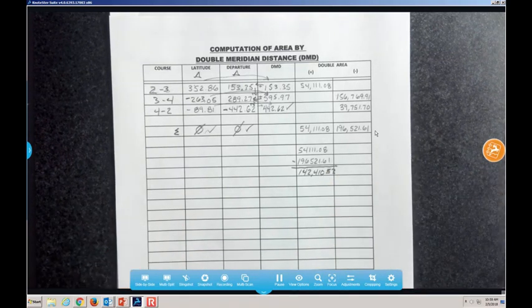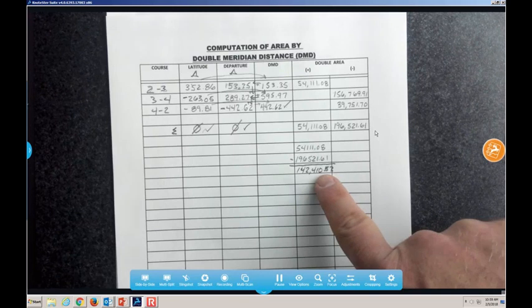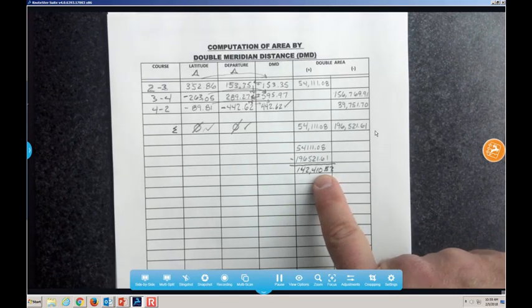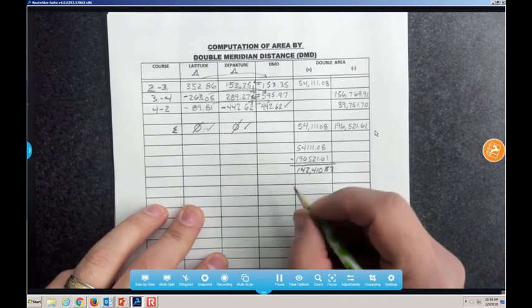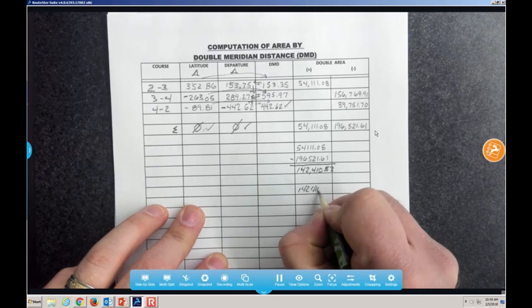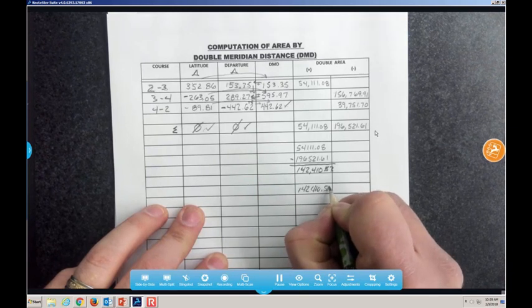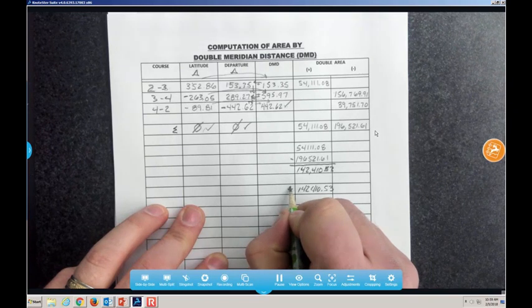Okay? Doesn't matter. We can drop the sign now. So this is our double area. All right? That is our double area in square feet. So now all we have to do is take that 142,410.53 and divide by 2.